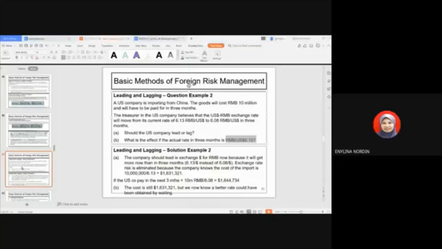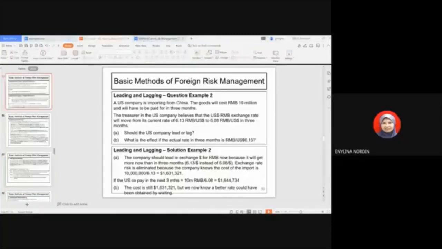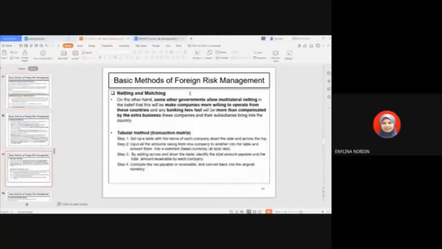The next one, we go to the netting and matching strategy. Matching is where the company has a sales transaction with one foreign customer and then a purchase transaction with another foreign supplier.